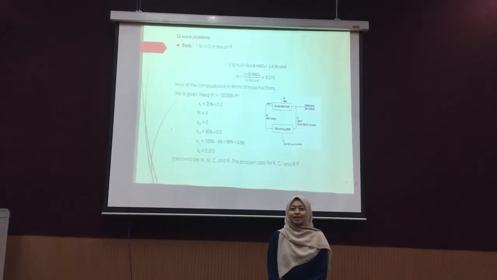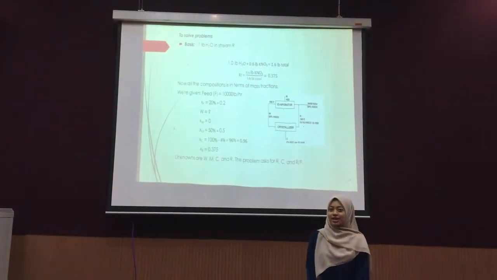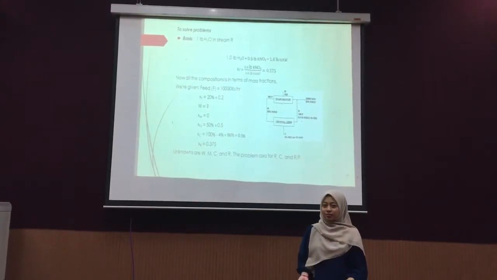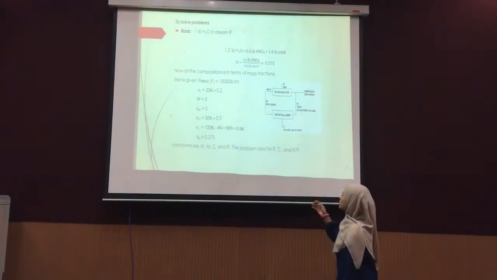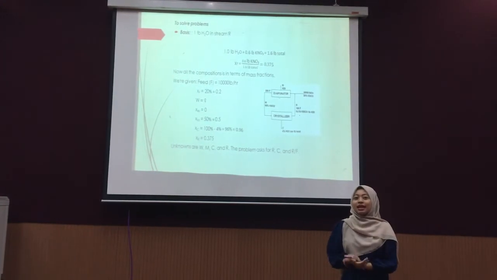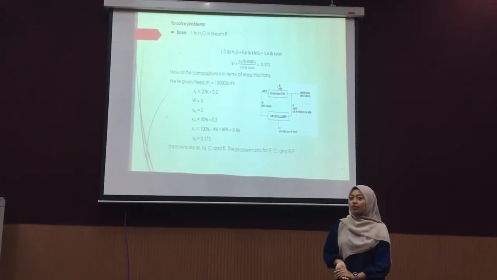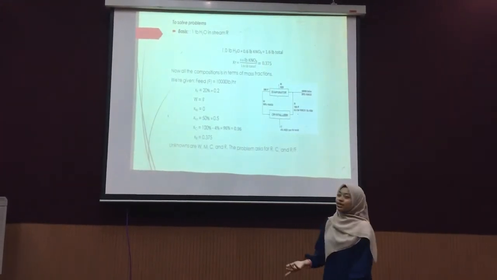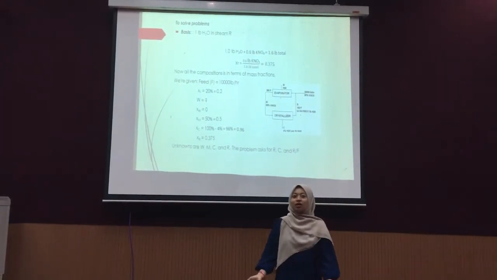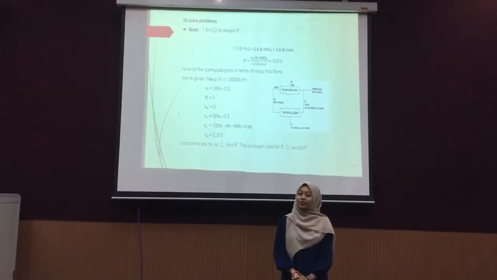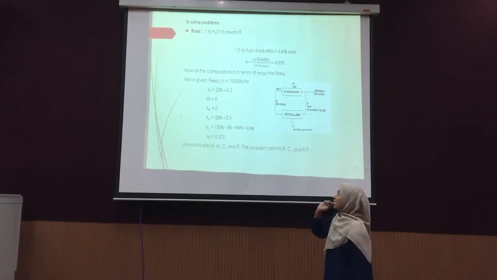Then we calculate the percent nitrate by dividing 0.6 pound by the total, and the percent nitrate for the unreacted reactant is 0.375. Now all the compositions are in terms of mass fraction.